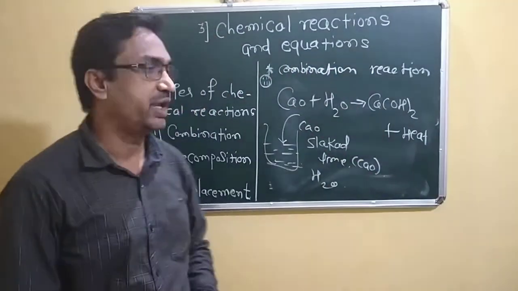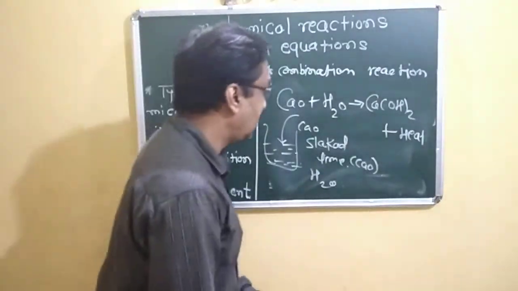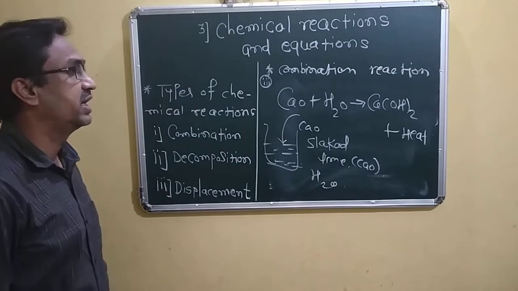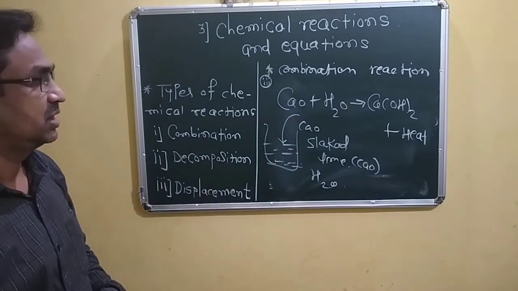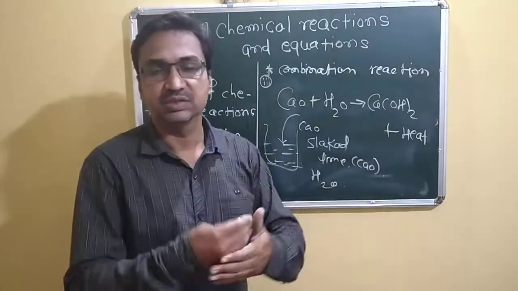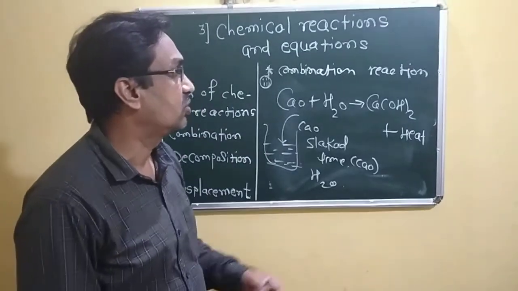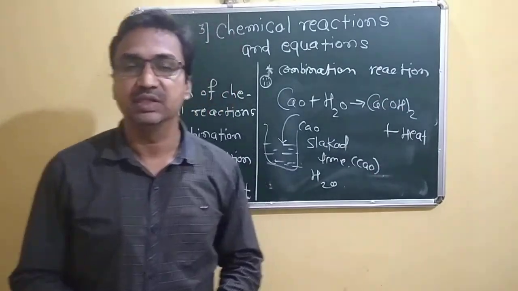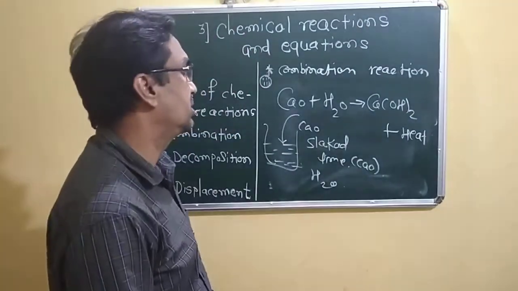From all this data we can easily analyze that two or more reactants react with each other to form a single product, and this type of reaction is called a combination reaction.